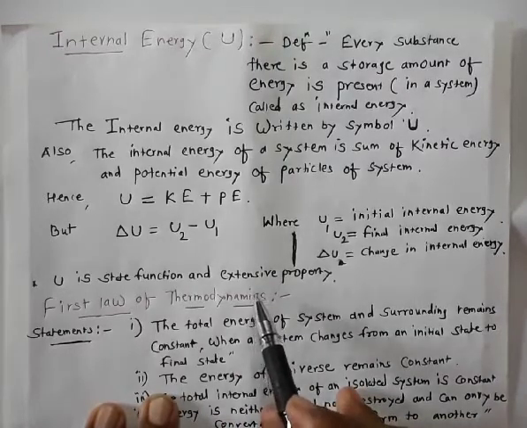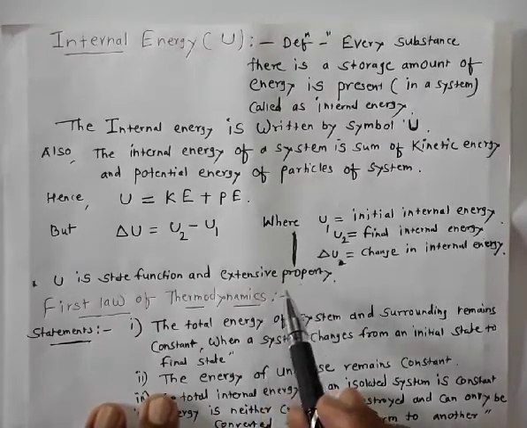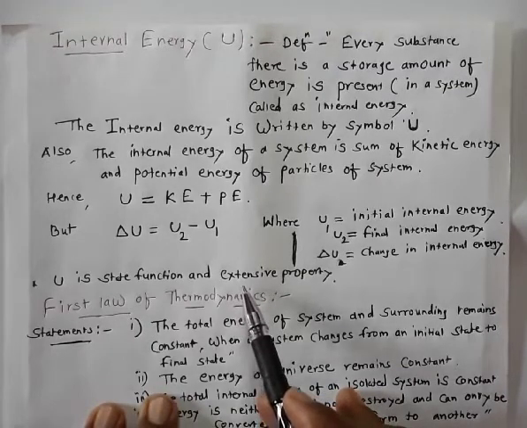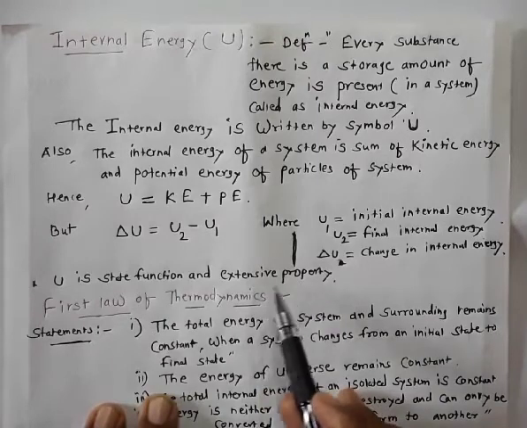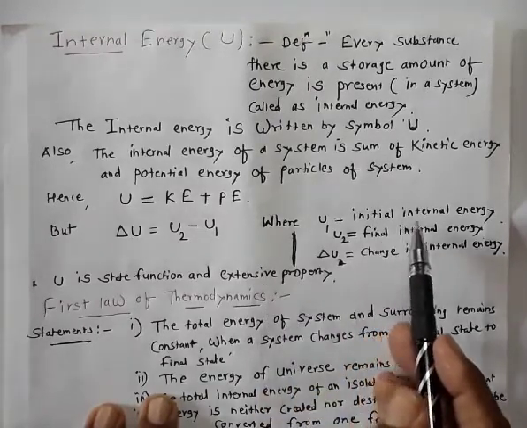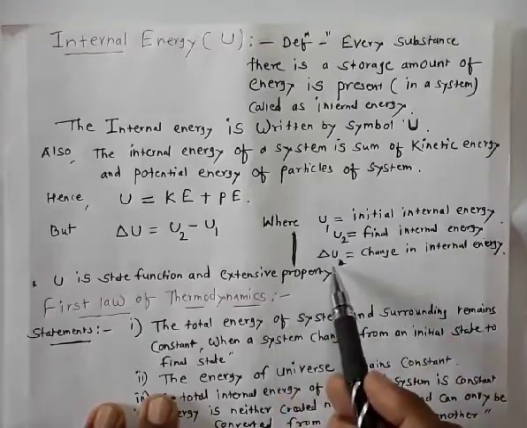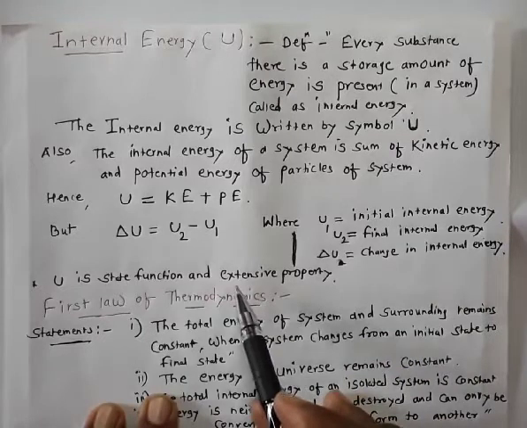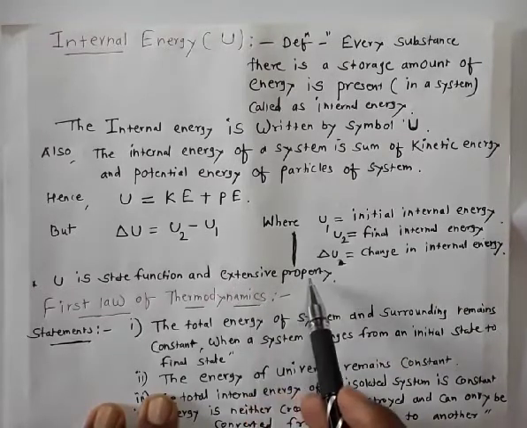A property which depends upon the magnitude of matter present in the system is called an extensive property. This property depends on the initial value and final value of the internal energy, so it is called an extensive property.